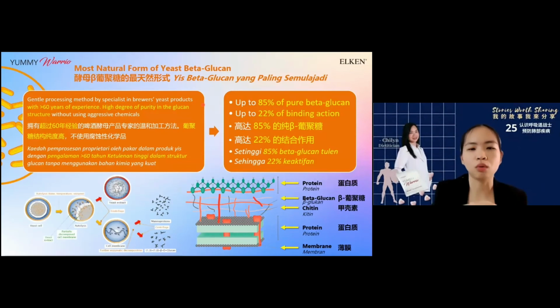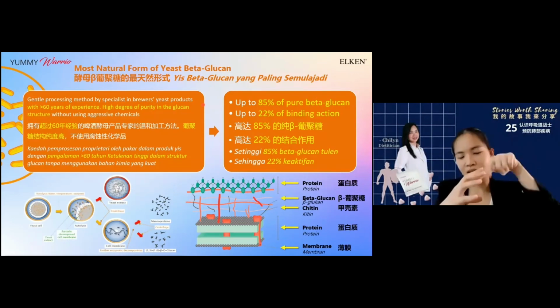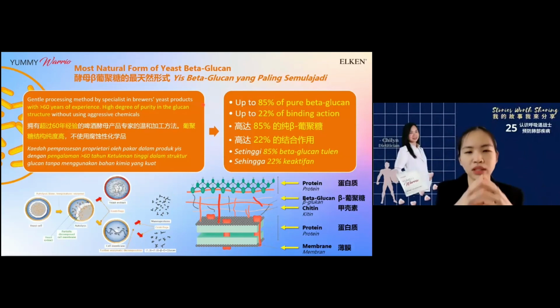So yeast has an outer layer of protein that protects its structure, and the beta-glucan we need is inside and is protected by the layer. If we want to extract it out, we first need to break apart the outer layer, destroy it first, and then only can we extract the beta-glucan out, because the insides are the active components that we need.